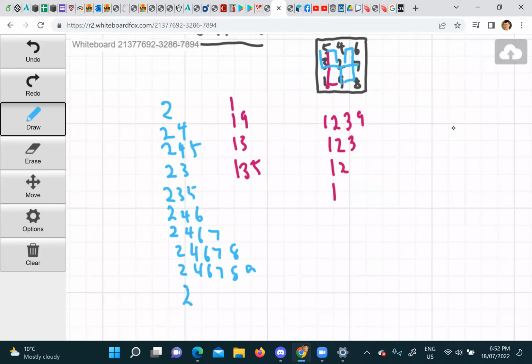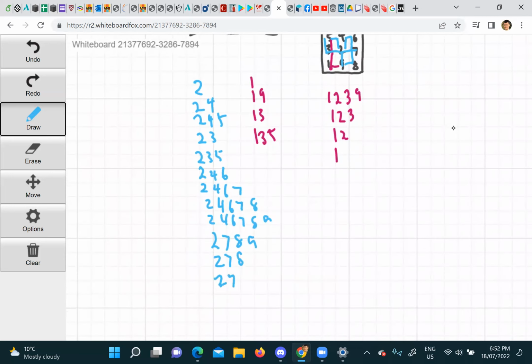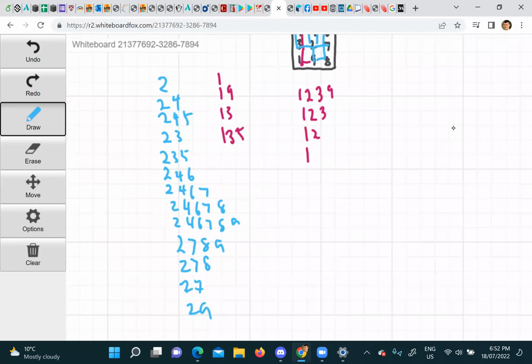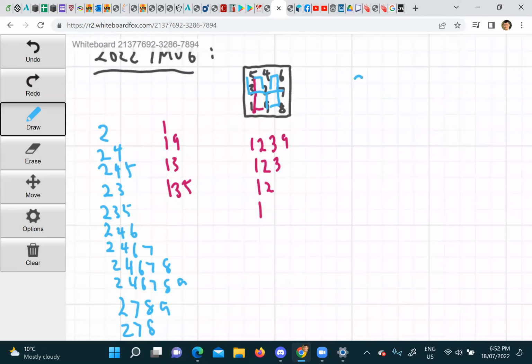And then you go straight to 9, 2, 3 to 7, 2, 7, 8, 9, 2, 7, 8, 2, 7. We can go straight to 9, yeah? So that's 1, 2, 3, 4, 5, 6, 7, 8, 9, 10, 11, 12, 13, 14, 15, 16, 17, yeah? So that's saying this function which takes 3 to the minimum has to be at most 17, yeah?